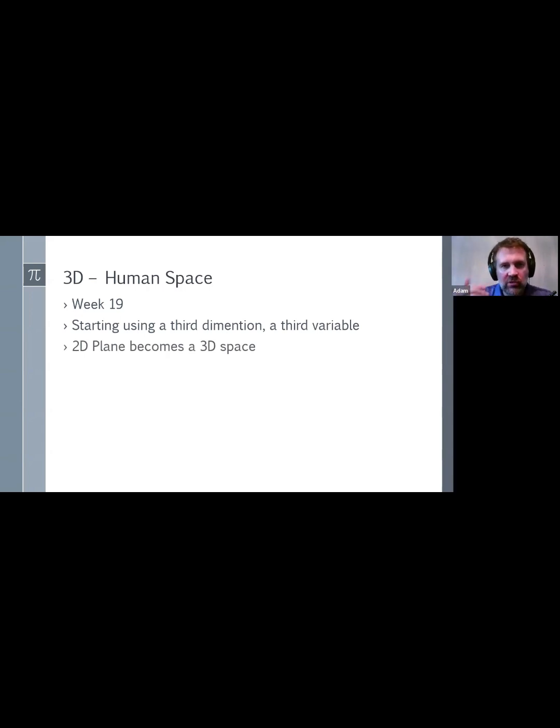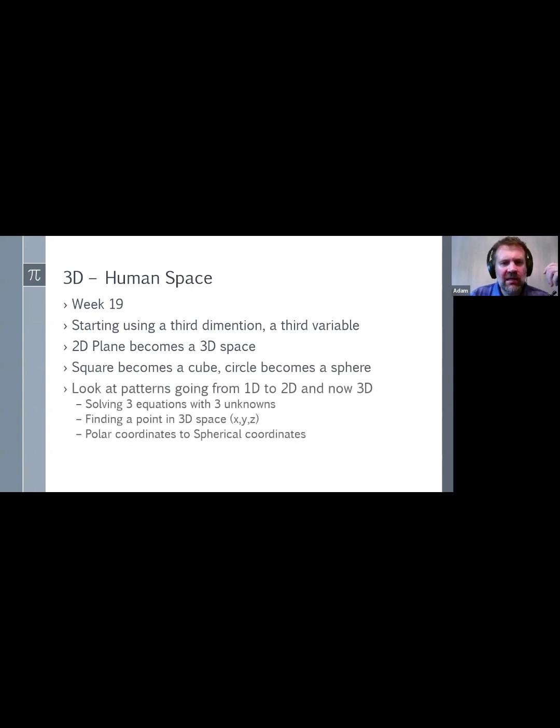So the 2D plane, that flat plane that we were working on in 2D, will now become a 3D space. The square becomes a cube, the circle becomes a sphere. Get the idea. And then we can look at those patterns. Like when we're solving in 1D, we would solve an equation with only one variable.